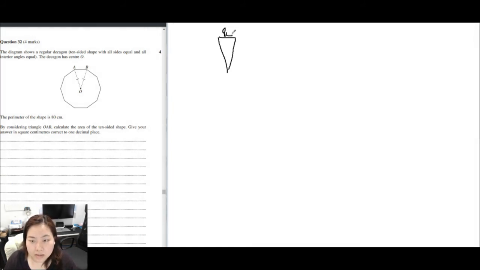Okay. That would be 8 centimeters. The angle would be 36 degrees. It's 360 divided by 10. The other 2 angles I can find out as well. So OAB.